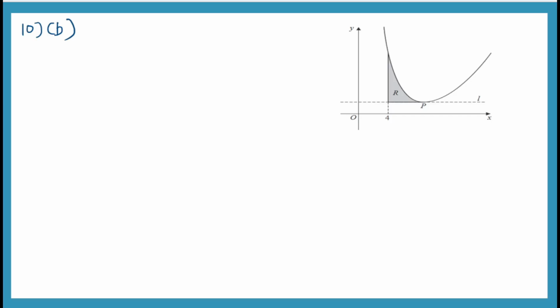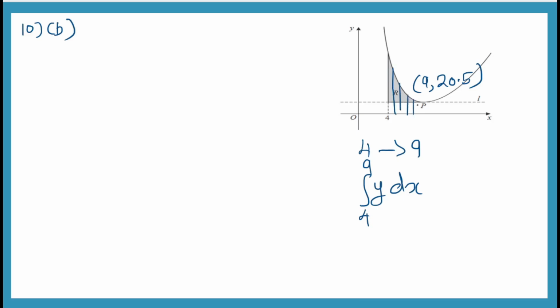Now let us calculate the area of shaded region. The coordinates of P is given by 9, 20.5. Now the limits of integration is given by 4 to 9. If you take the integral 4 to 9 y dx, that will be the area of this portion, that is the area under the curve.